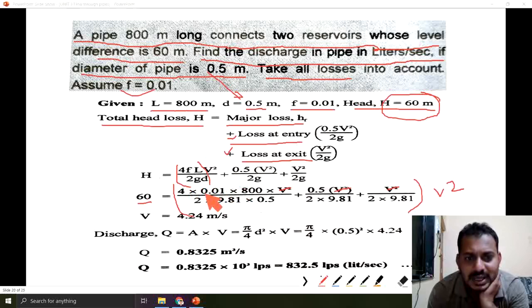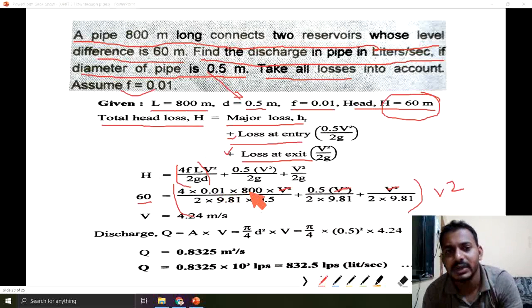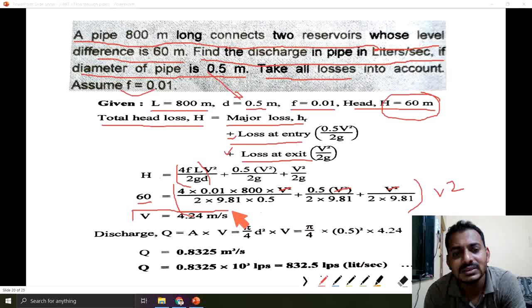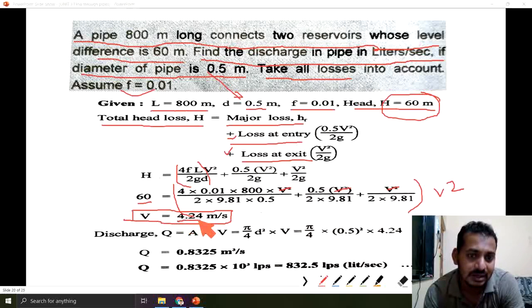So if we do this calculation, 4 multiplied by 0.01 multiplied by 800 divided by this term, again do this calculation individually, and sum all these three quantities, and 60 divided by this quantity. You will get some answer, and take the square root of that, you will get the velocity. Simple it is. You can try it.